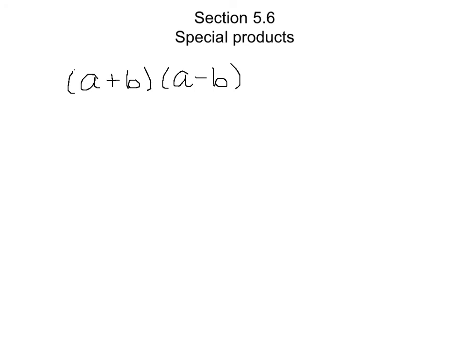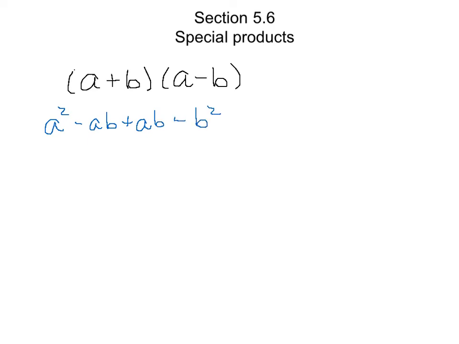So here we have the sum and the difference of the same terms, a plus b, a minus b. Notice that there are two binomials. So if I use FOIL, here's my first terms, and my outside terms, and my inside terms, and my last terms.